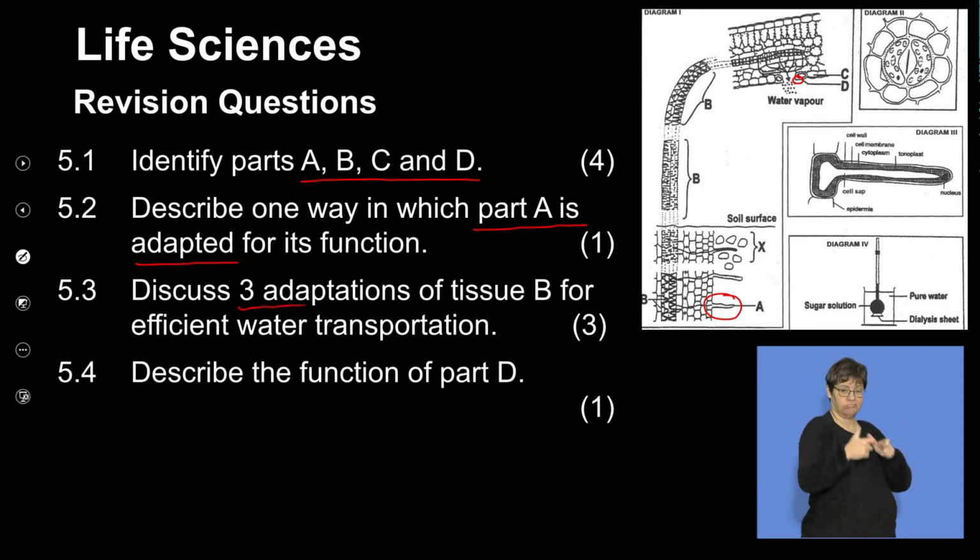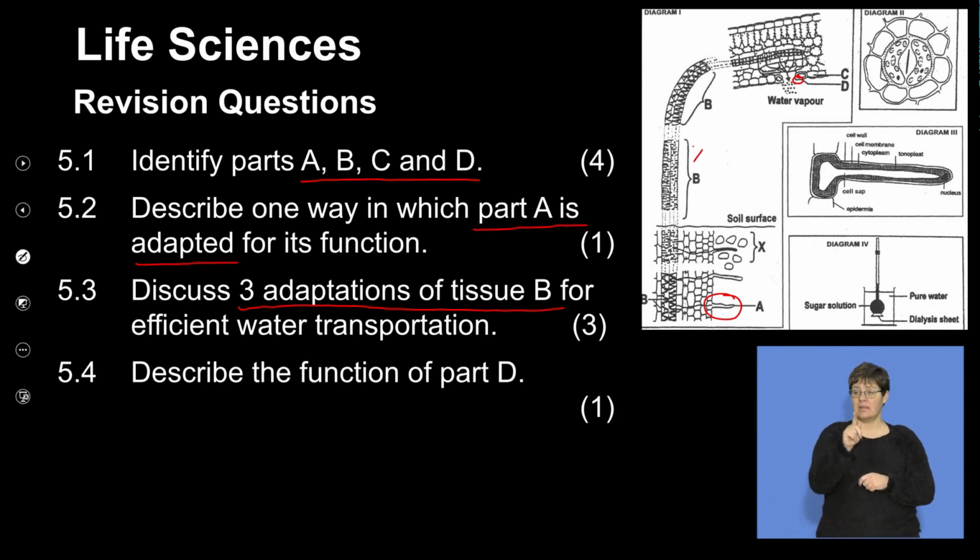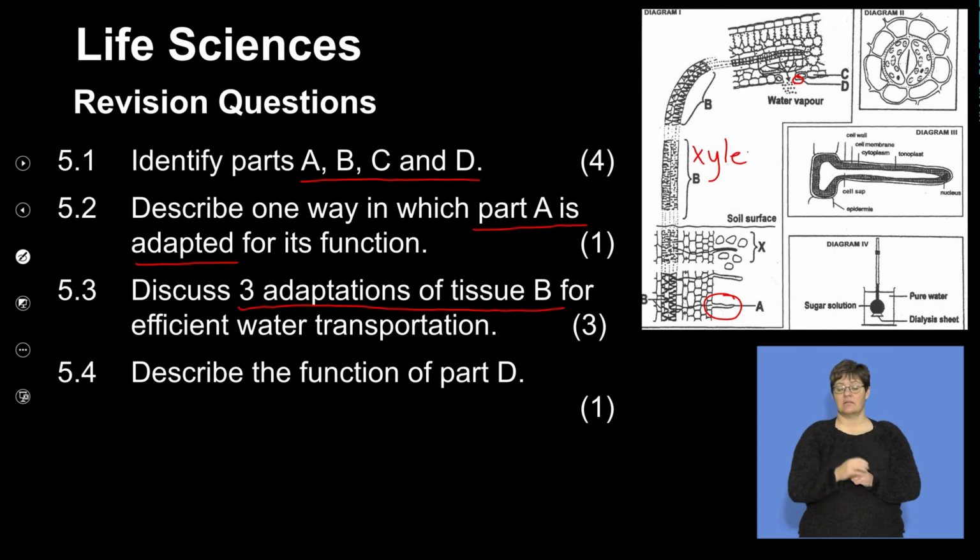Then, 3 adaptations of tissue B. And here's tissue B, and tissue B is your xylem. So you need to discuss 3 ways xylem is adapted, for example, no cross walls, thick walls to prevent collapse, no cell contents, joined end to end, things like that.